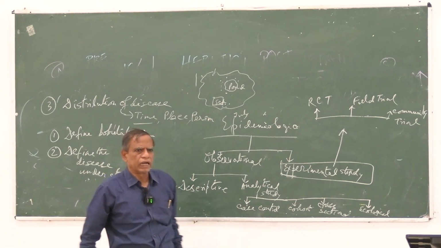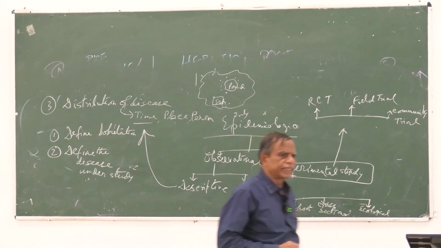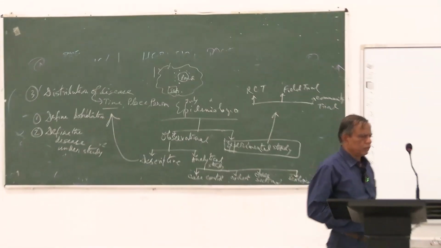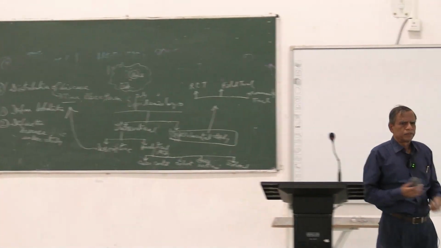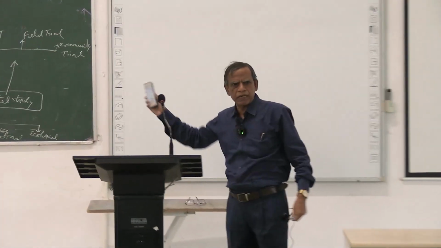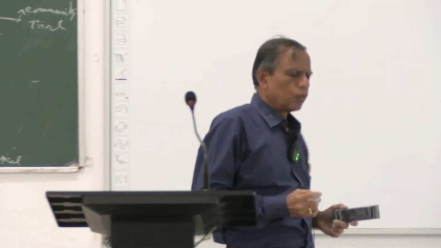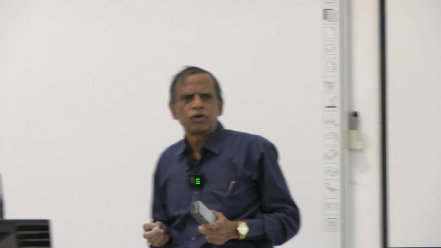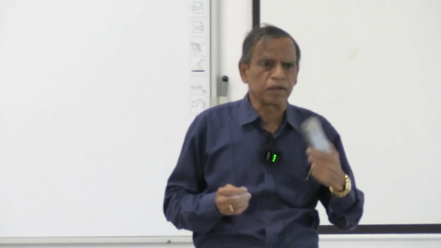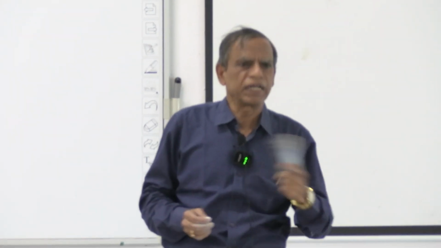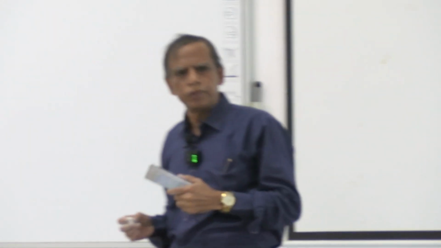So, in the year 1854, Robert John Snow hypothesized that cholera was due to drinking of contaminated water. That means cholera is a waterborne disease much before the discovery of Vibrio cholerae.